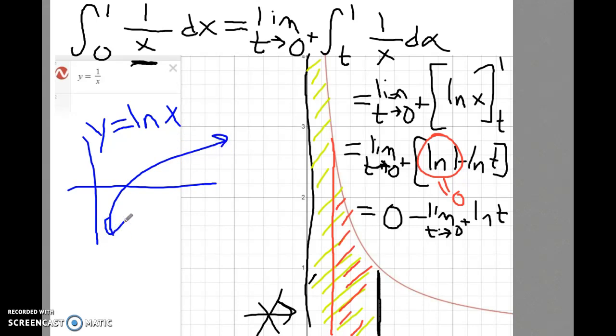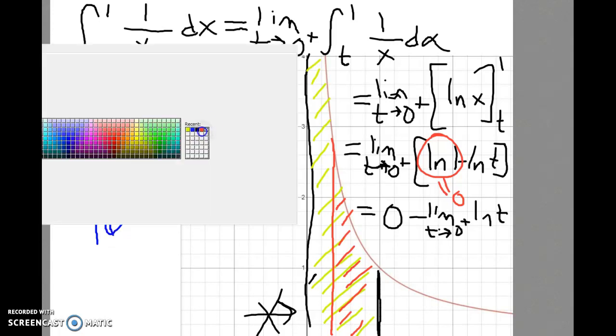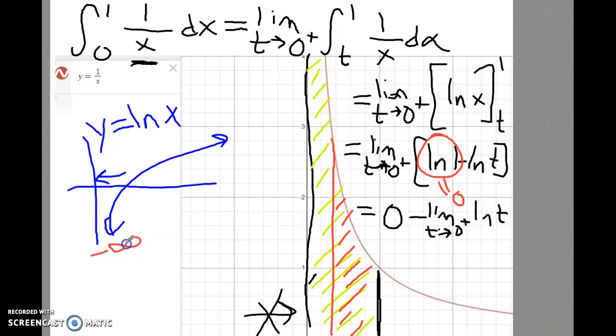So as t, or x in this case, approaches 0 from the right, the y value is diving down here to negative infinity. So as the input approaches 0 from the right, the output of natural log of x approaches negative infinity. So this limit over here is equal to negative infinity.